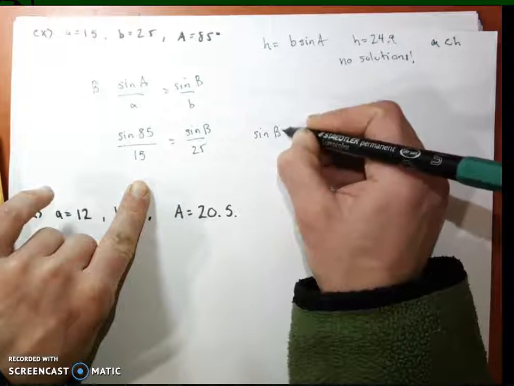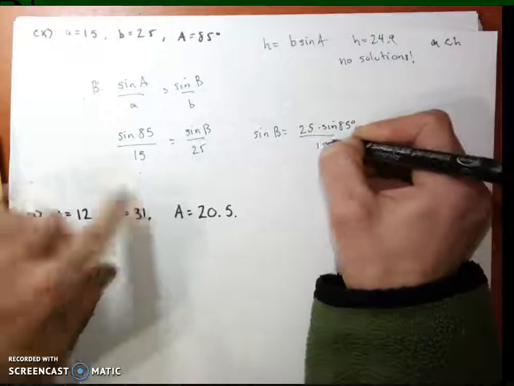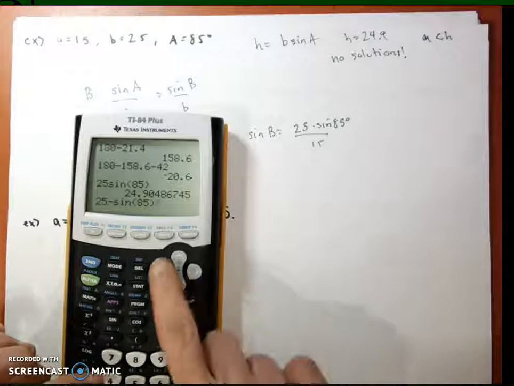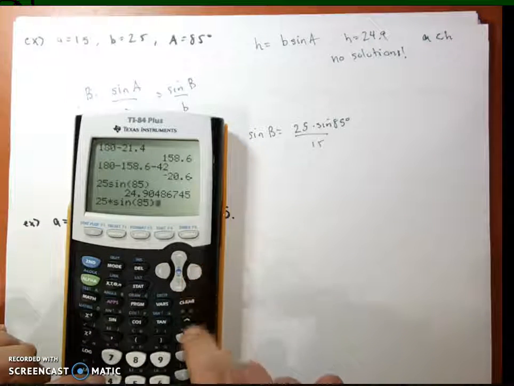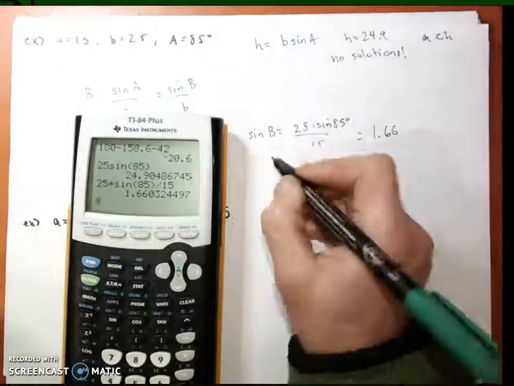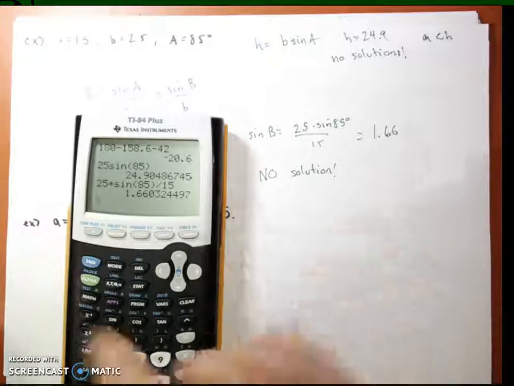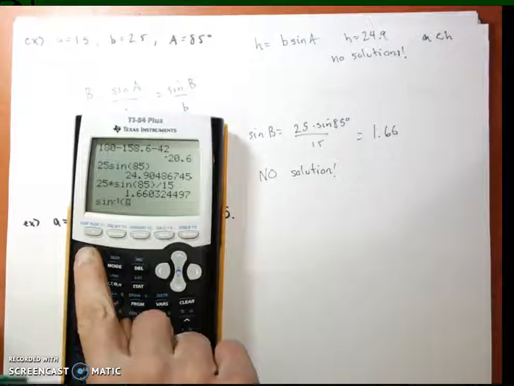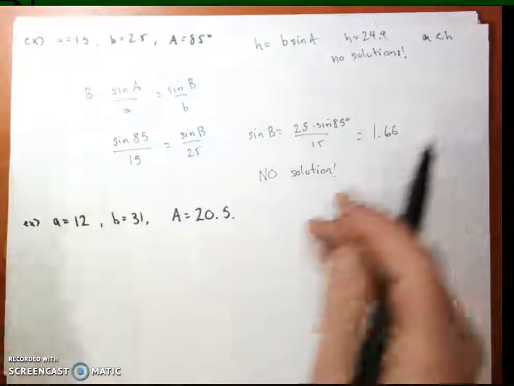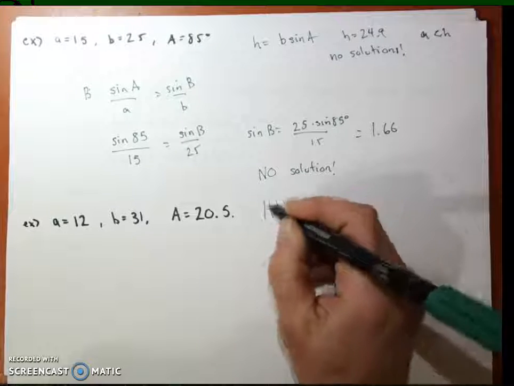So sine B equals 25 times sine 85 degrees divided by 15, and I get 1.66. Now that means there's no solution for B because sine has to be less than 1. If I try to take sine inverse of that, I'm going to get an error. So no solution.